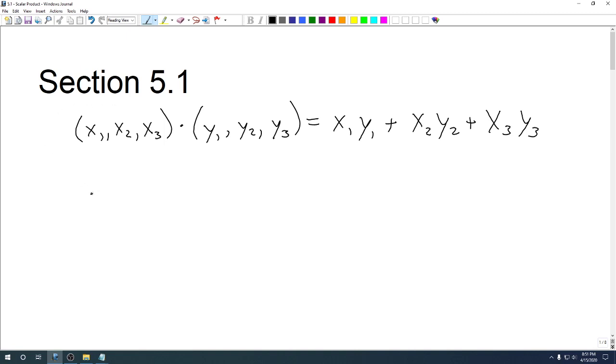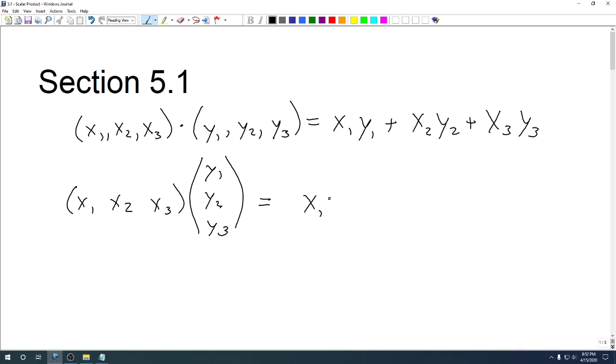We can actually view this instead as a matrix product. Let's say that we have the row vector x1, x2, x3, and we multiply that by the column vector y1, y2, y3. Because we're taking a 1 by 3 vector multiplied by a 3 by 1 vector, we're going to get a 1 by 1 vector.